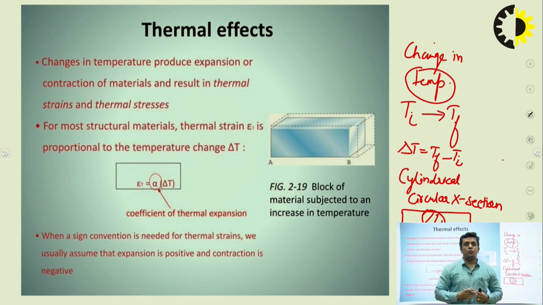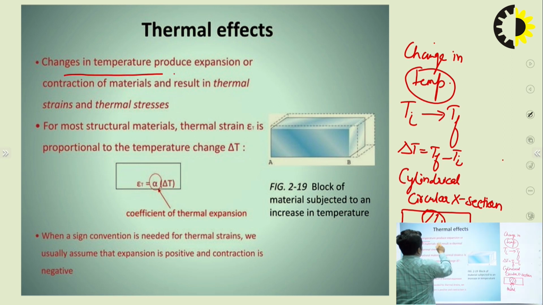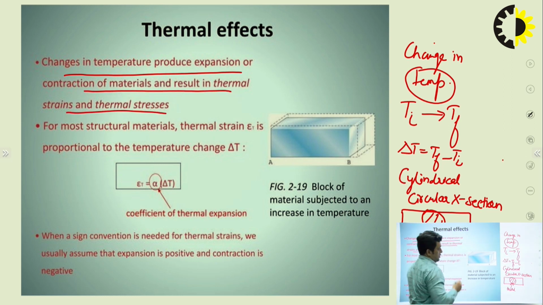Now suppose in this figure, I have heated this body. Because in the beginning I said what is going to happen whenever there is a change in temperature: expansion and contraction of material result in thermal strain and stress.